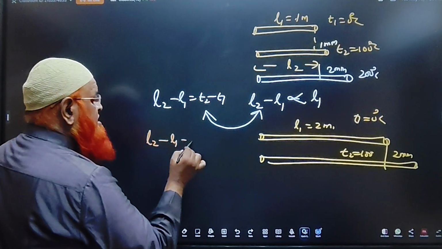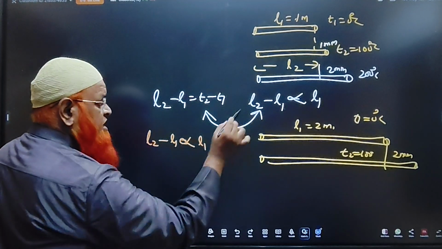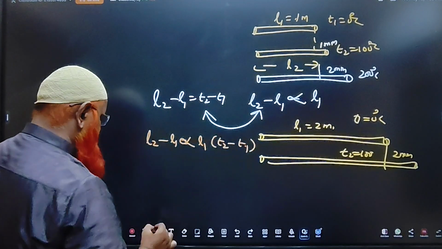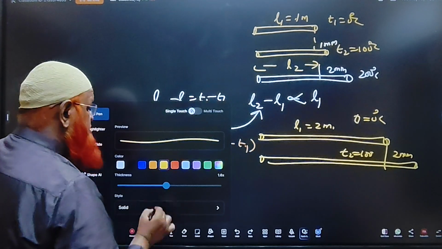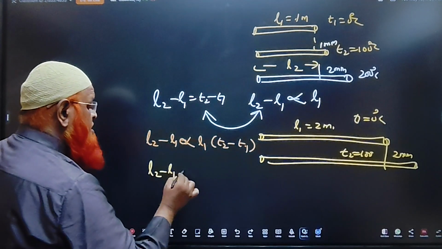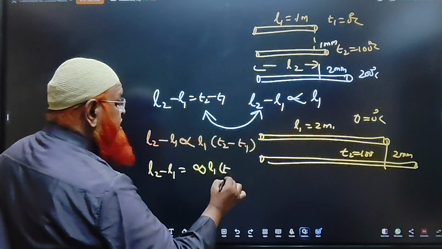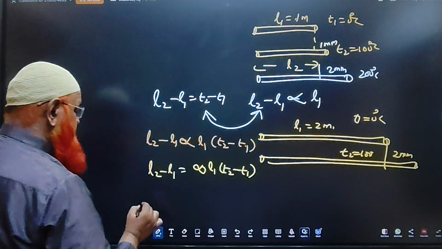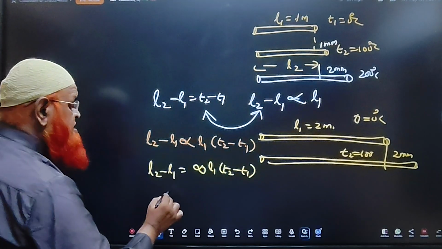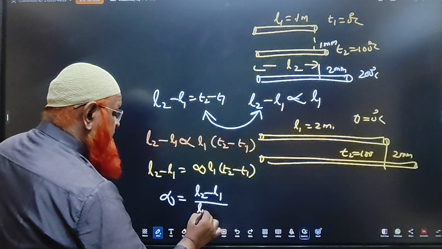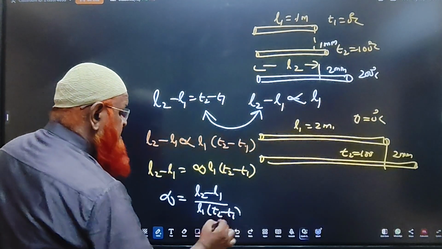L2 minus L1 is directly proportional to L1 into (T2 minus T1). When you remove the proportionality, you get L2 minus L1 is equal to alpha into L1 into (T2 minus T1). So from this, alpha is equal to (L2 minus L1) by L1 into (T2 minus T1).